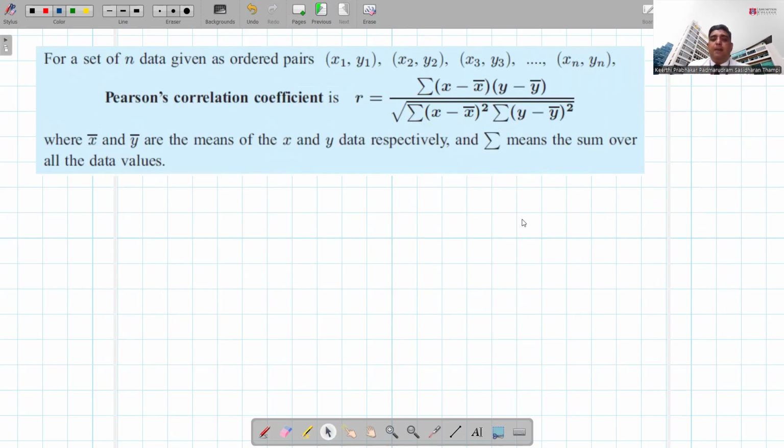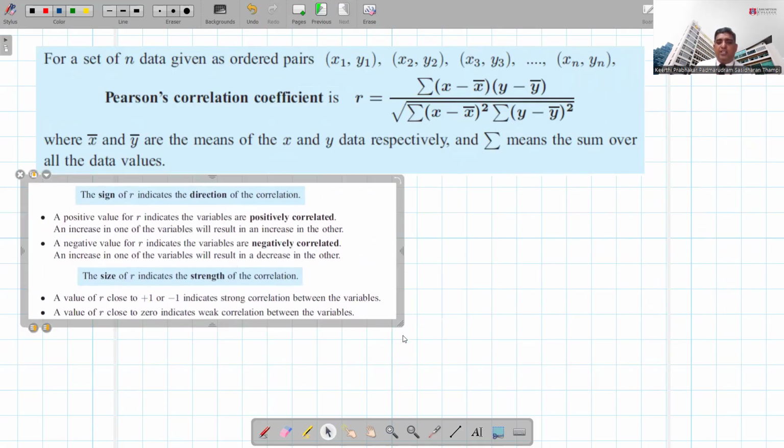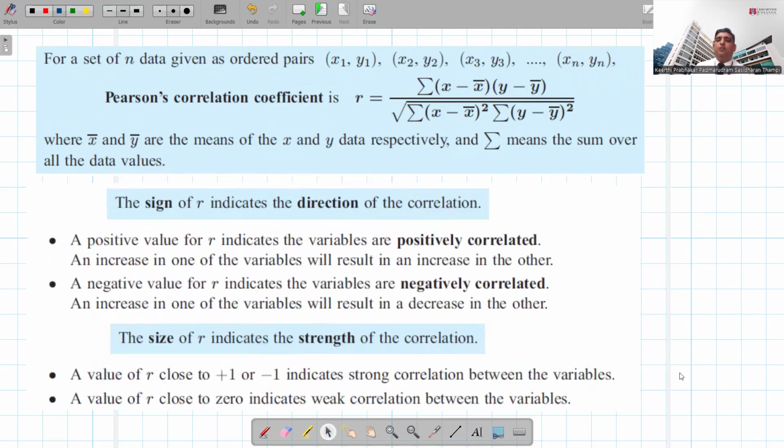The formula will be given in the exam. And also, there are shortcuts available in your calculator. What you need to understand about R is the sign of R. Correlation is always a value between -1 and +1.